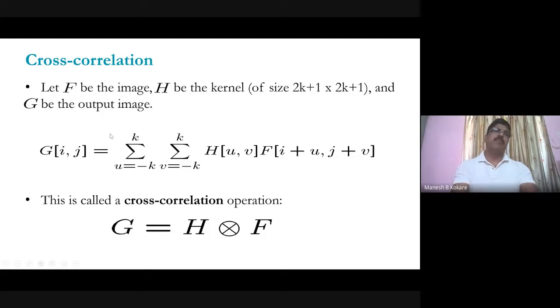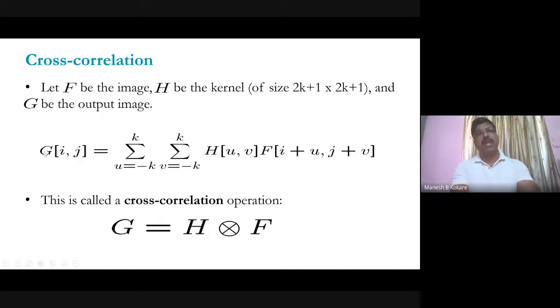Now suppose, for example, you have the input image as f, and the kernel function or filter function has value h, and the size of this kernel function is, suppose, 2k plus 1 by 2k plus 1, and you are getting the output g from this cross correlation of f and h. So you know the standard formula of two-dimensional cross correlation, given by g of i comma j.